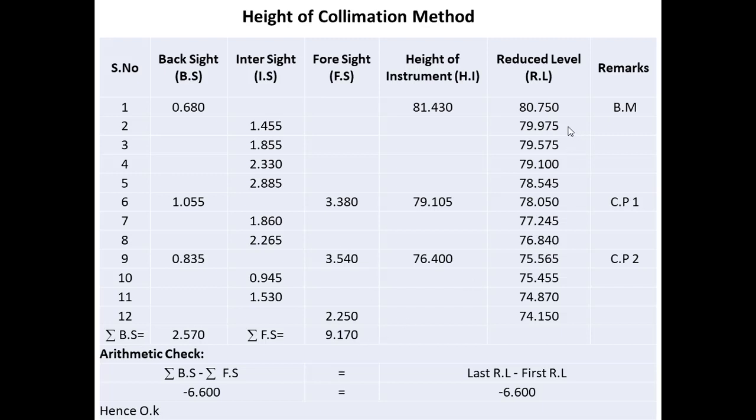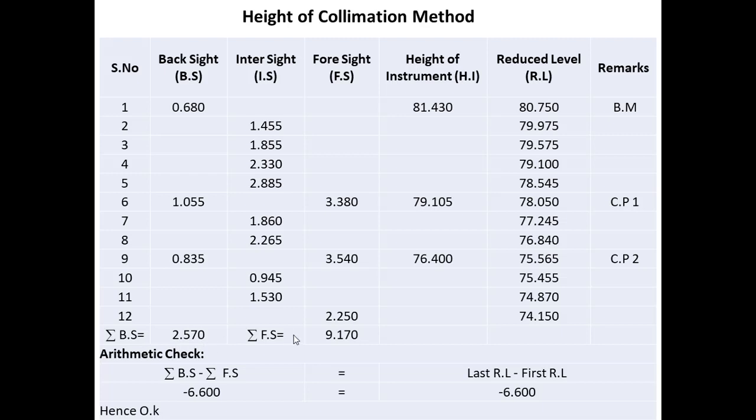Now our arithmetic check with respect to the height of instrument or height of collimation method is: sum of backsight minus sum of foresight should be equal to last RL minus first RL. If I sum up these three values, I get 2.570.